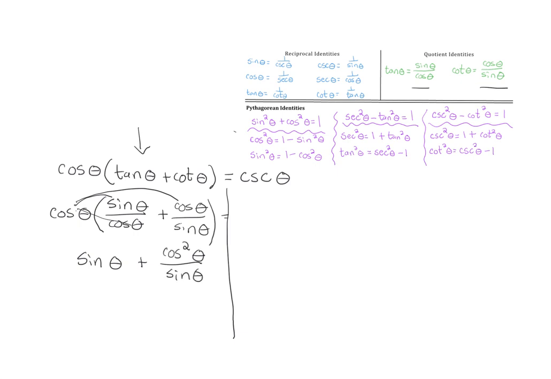Okay, what could I do next? I could try to combine these, which means I would need to get a common denominator. So I would have to multiply top and bottom by sine theta. So then I will have sine squared plus cosine squared over sine.